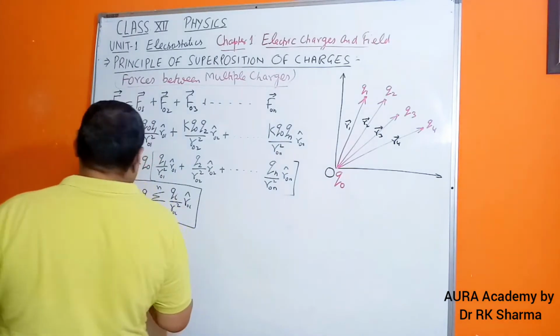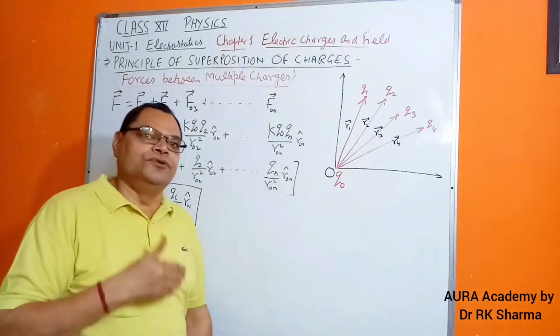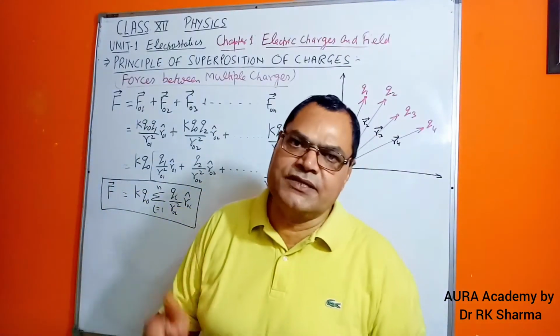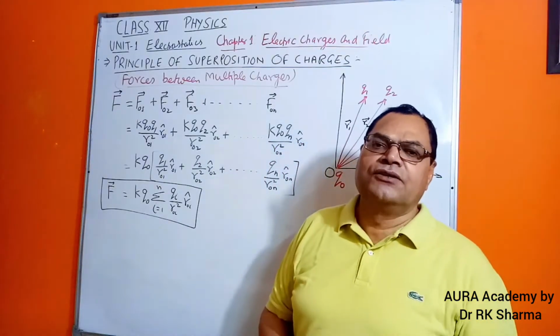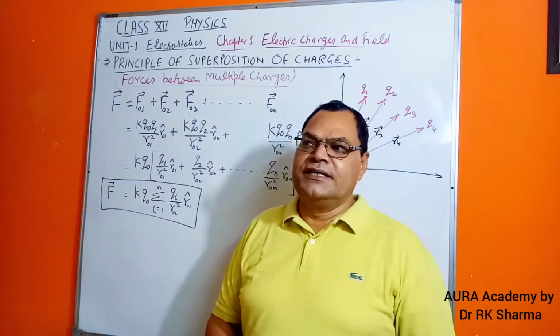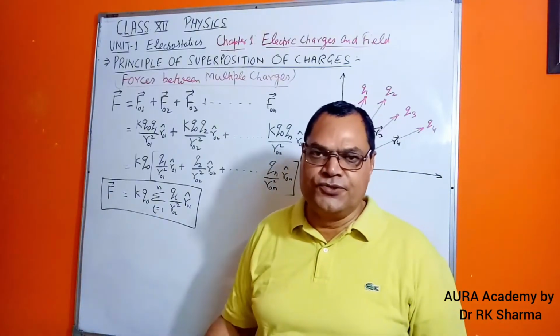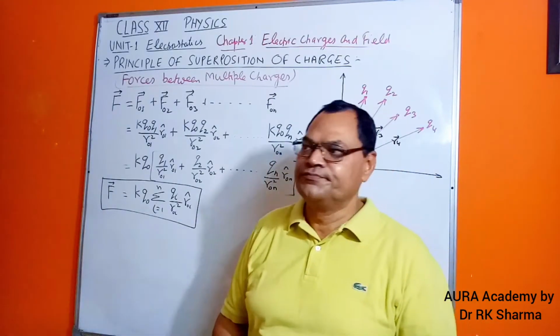When there are more than two charged particles, maybe 3, 4, 5, etc., how to solve the questions based on that? There is an extension of Coulomb's law: whenever there are a number of point charges, what will be the total force due to n number of point charges, more than 2.